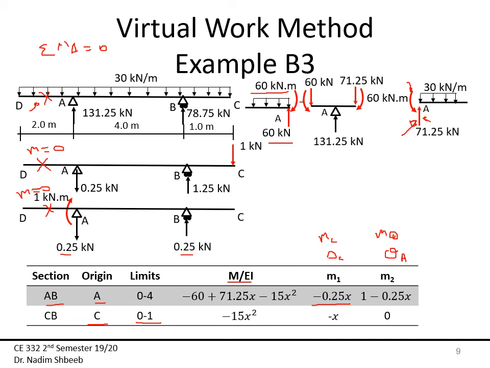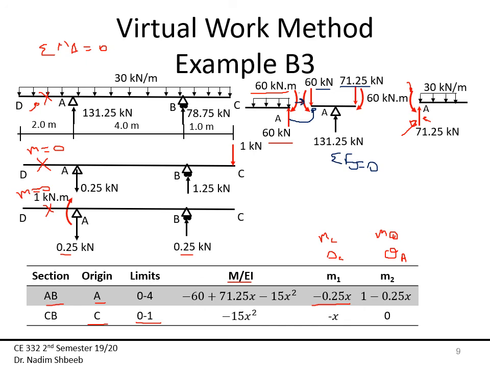So I'm talking about this moment has to be equal to that moment, and this force has to be equal to this force in opposite in direction, hence the value 60 kilonewton. Now I do a summation of Fy equal to 0. So now it will be 131.25 minus 60, and I will get 71.25.